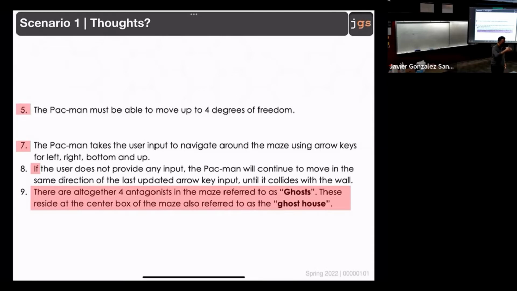Fast meaning 60 frames per second, or 30 frames per second, or that it should react in less than 1 second, whatever. You're going to have this non-functional and you're going to have this functional. What you should do, and we're going to review this, is, in the functional requirement, instead of telling me again that this guy should move fast, the only thing that you need is to reference, to connect with the non-functional one. The movement should be as described in non-functional requirement 1 or 5 or whatever. It's just a connection, and there is the explanation of this speed requirement or frames per second requirement or whatever.